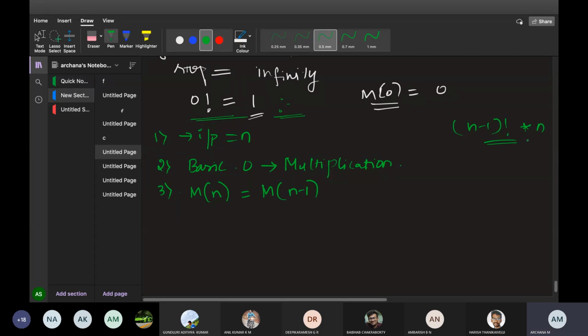You have already studied this in your basic C language. Tell me the formula for this now. This is just maths, I'm not asking you the C formula. Tell me what I should write now. Should I write into 1 or should I write plus 1? Plus 1. Into 1. So Vaibhav told it as plus 1. Just 1 minute.